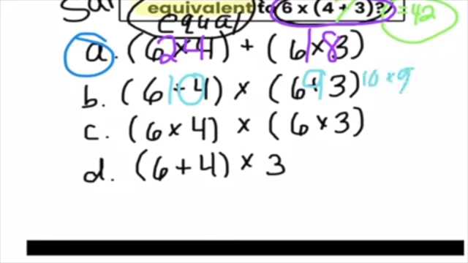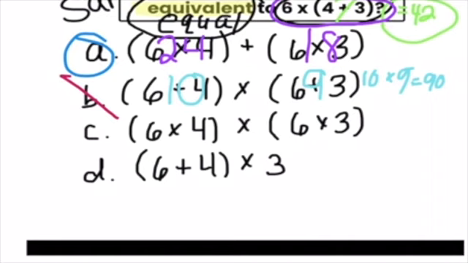What is 10 times 9? 90. Is 90 equivalent to 42? Are they the same? 90 and 42? No, that doesn't make any sense. So B is definitely not an answer. A smart thing to always do is to cross that off, because I know B cannot be an answer.